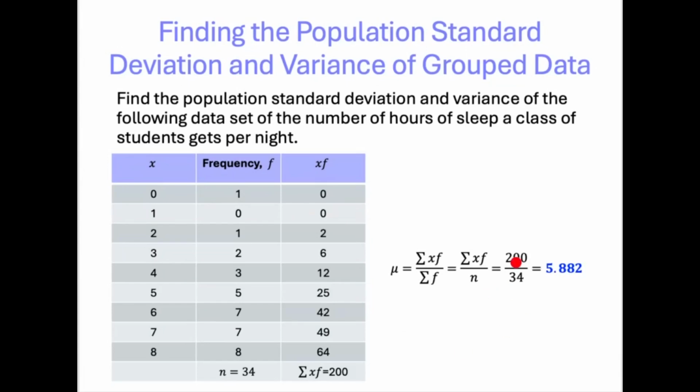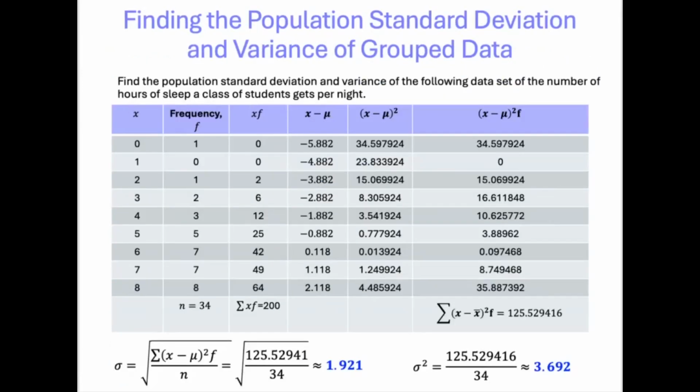Okay. So I have 200 over 34 for the population mean. As I said, in this case, there's few data points. So it's going to be the same as the sample mean. And putting that into the formula, we're still going to get the same difference on our x values and the population mean multiplied by their frequencies, except the difference here is that instead of n minus 1, we have n, so we have 34.